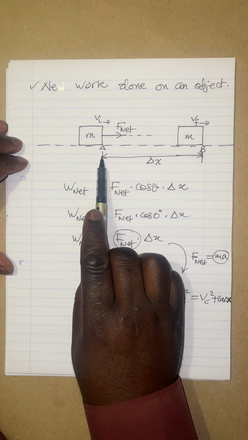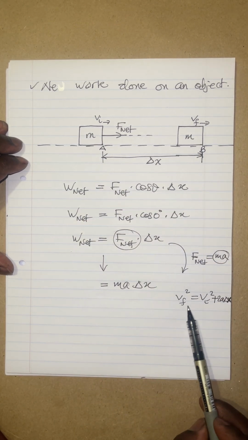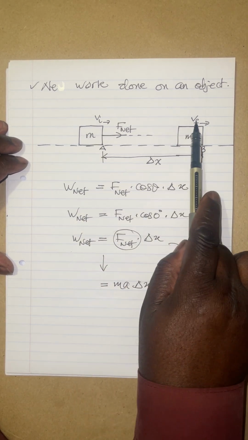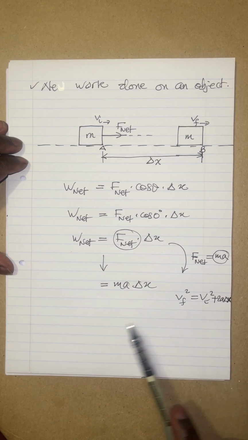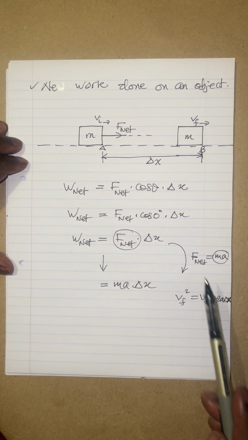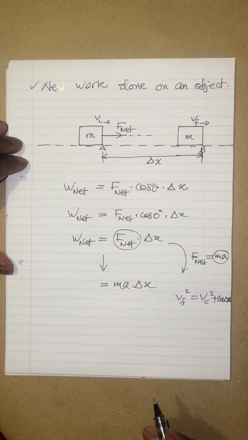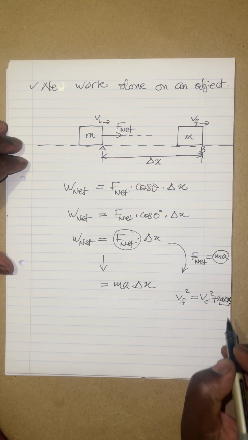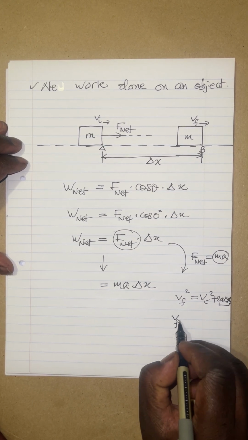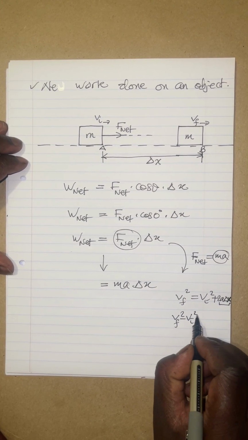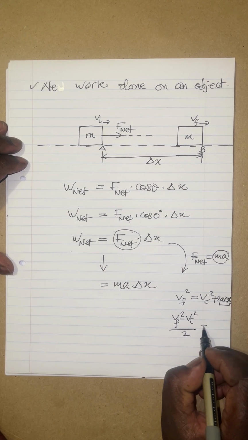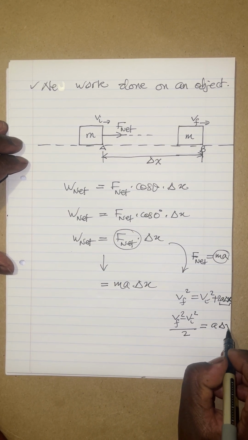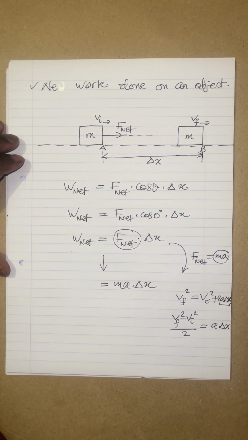As the block moves from here to there, the relationship between v initial and v final is this one here, where a is acceleration and delta x is that distance there. Now let me solve for a delta x here. I'm going to have v final squared minus v initial squared all over 2. That should be equal to a delta x. If you understand, you can see the simple algebra that I'm doing there.